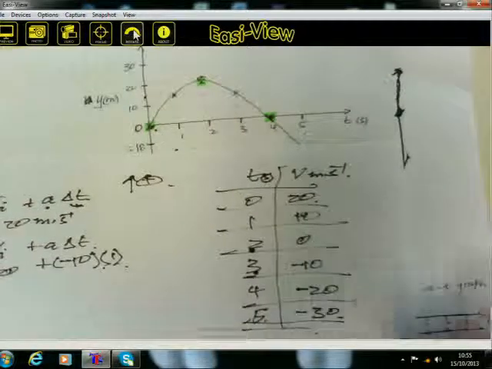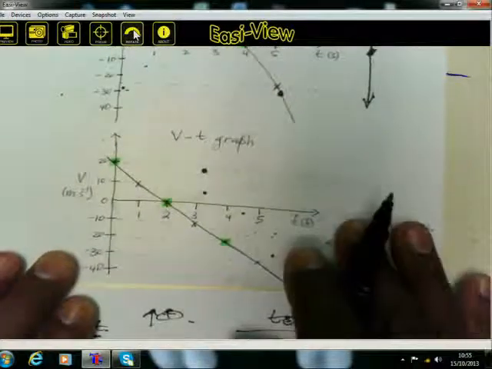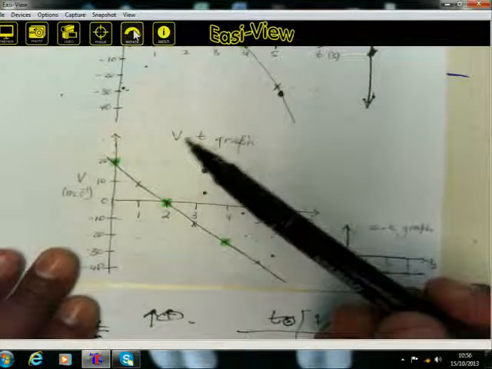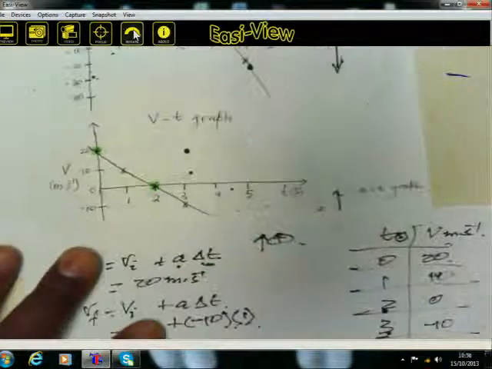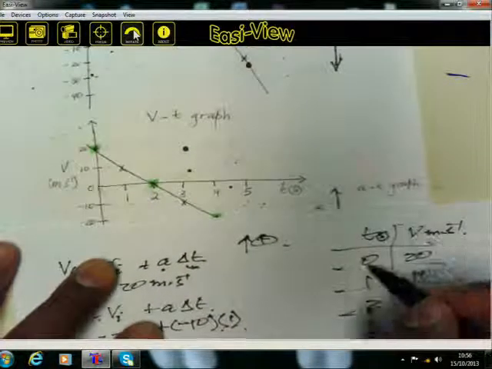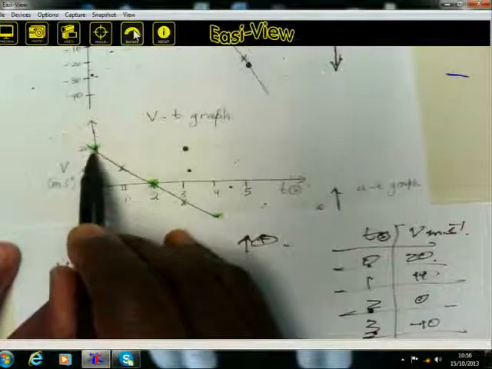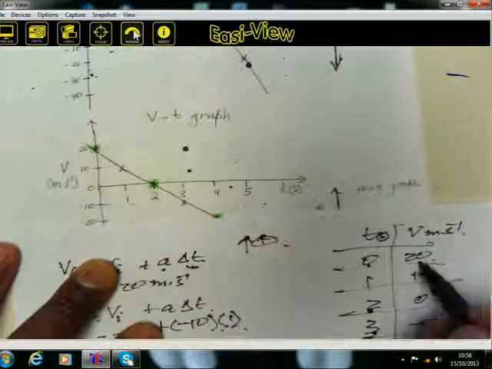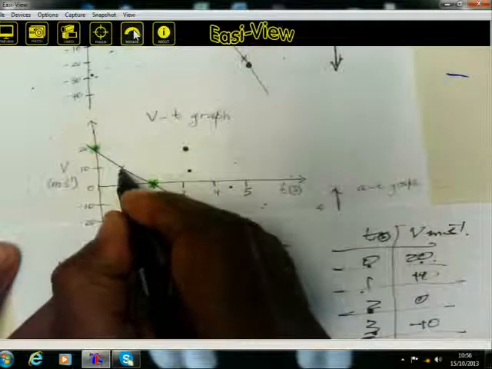Now when we plot these points on a velocity time graph, we will realize that at t is equal to 0, our initial velocity is equal to 20. When t is equal to 1, our velocity is equal to 10.